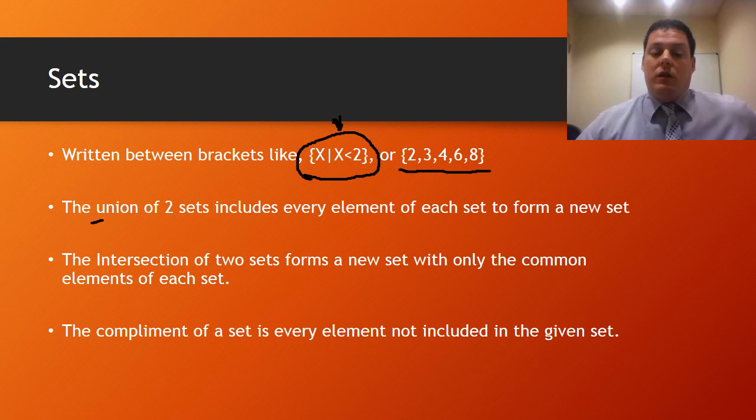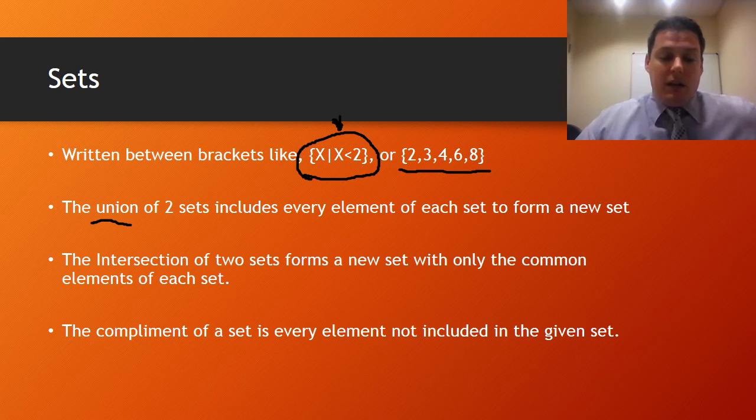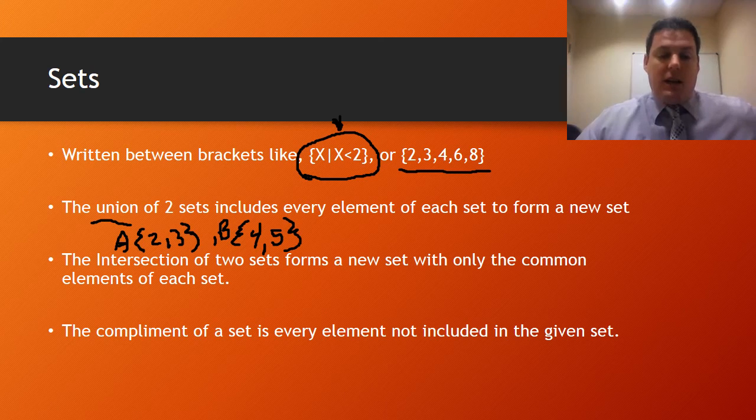The union of two sets includes every element of each set to form a new set. So if I have a set 2, 3, I'm going to call this set A, and I'm going to call this set B. My first set is 2 or 3, my second set is 4 or 5.